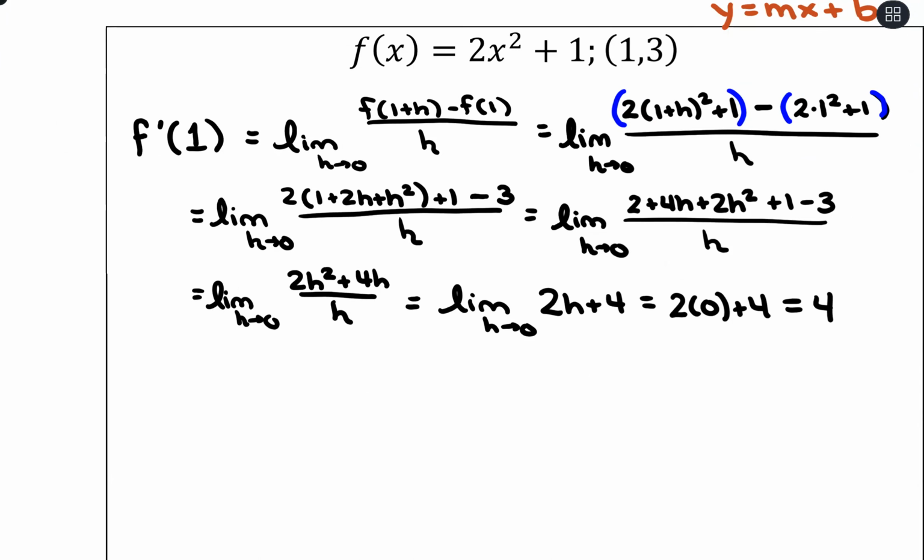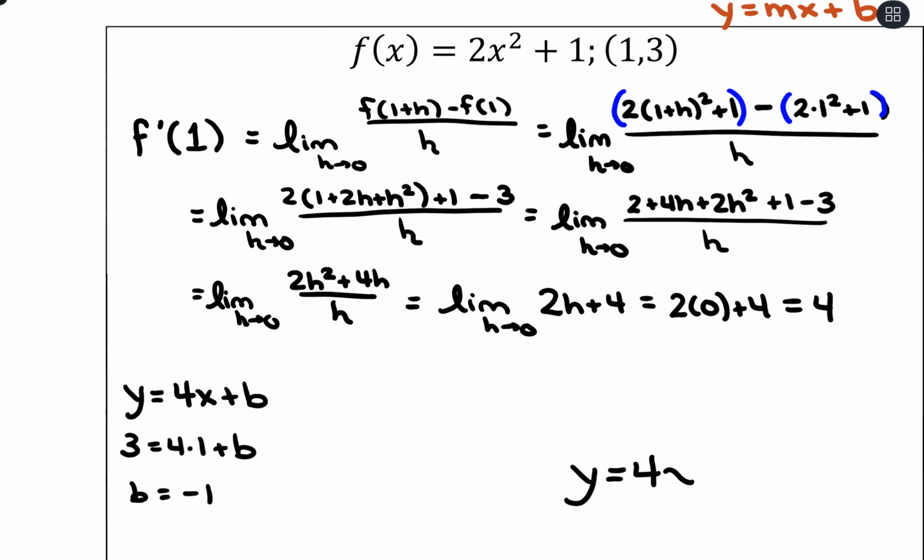So that's telling me that for our equation of a tangent line, we're going to have y equals 4x plus b. And to find b, we're going to plug in our coordinate 1, 3. So 3 equals 4 times 1 plus b. Subtract 4 from both sides to get a negative 1. So our equation of the tangent line is going to be 4x minus 1. And then we could go ahead and graph that to double check.